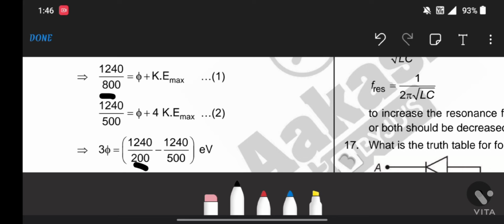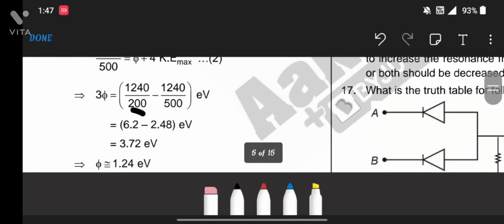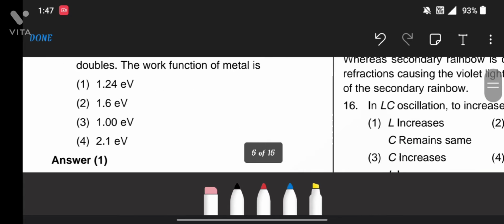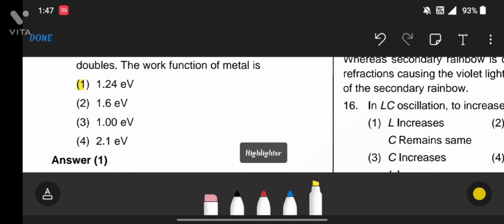I think you understand. We have divided the 4 kinetic energy by 800, so it has become 200 kinetic energy. After this, we solved and got the answer 1.24 electron volt. That is option E.